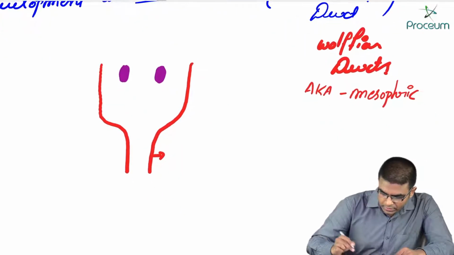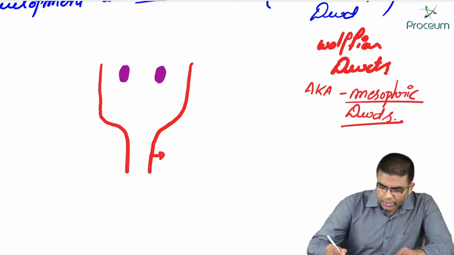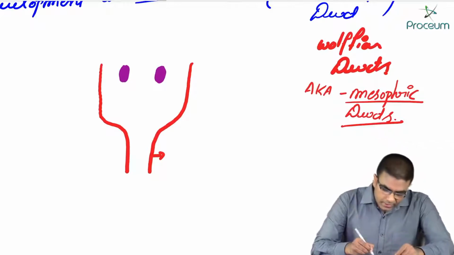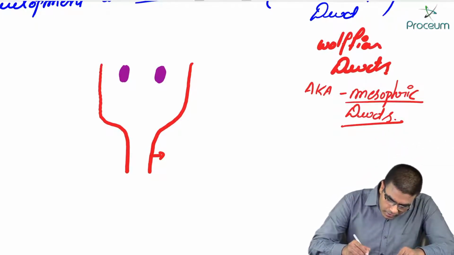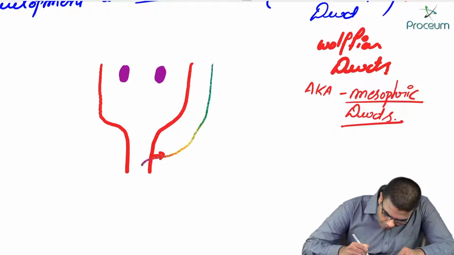Please keep this point in your mind. Now lateral to the mesonephric duct, please concentrate, we have the Mullerian ducts.